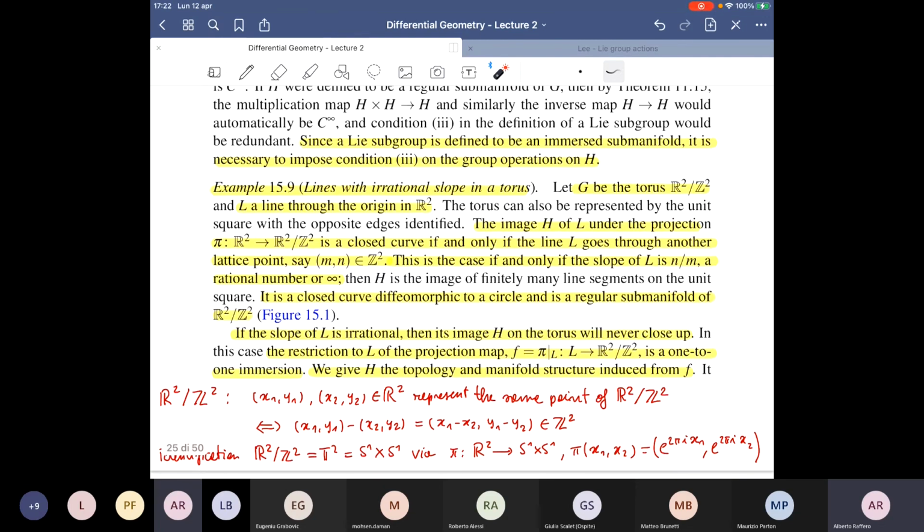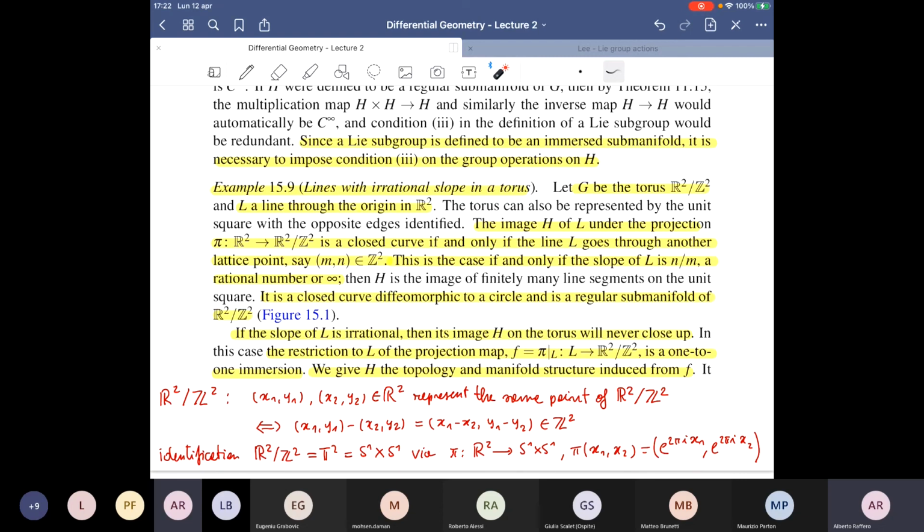If you don't like this presentation, you can also think about the identification of the two-torus with the product of S1 cross S1 that we also mentioned before. And you can identify this with R2 over Z2 by means of the map sending the pair x1, x2 to these two complex numbers inside S1 cross S1.